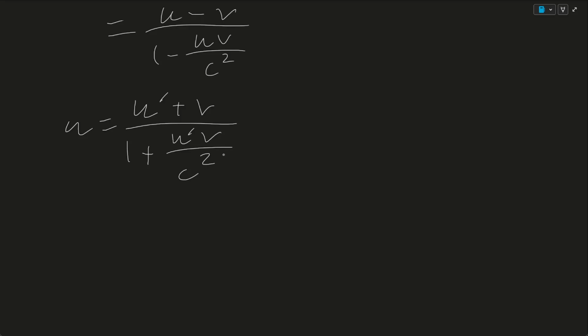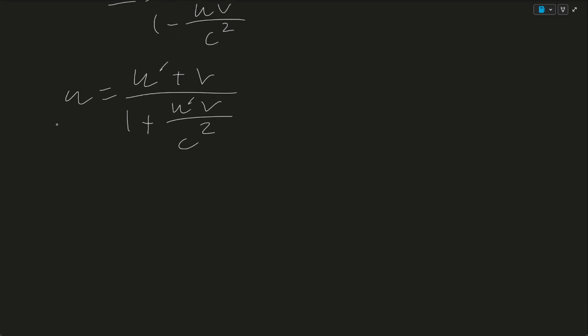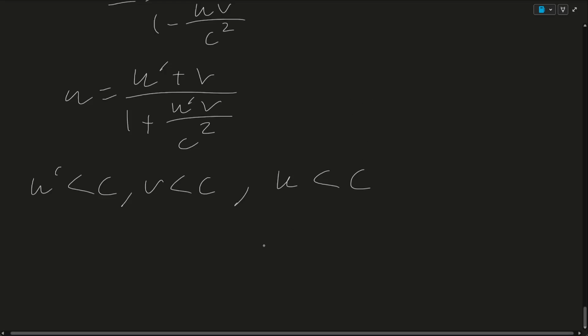I guess the last thing is that we can't have greater than c. I will write this. So if u dash is less than c, and v is less than c, then u must be less than c as well.